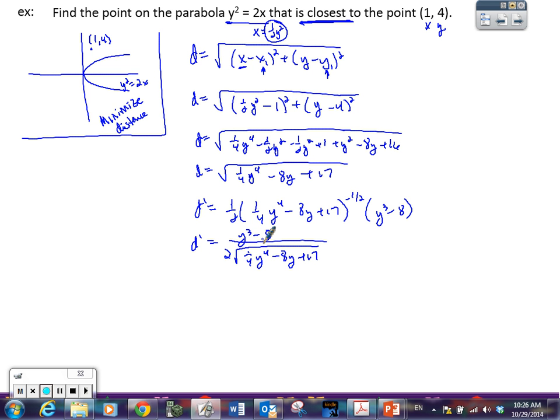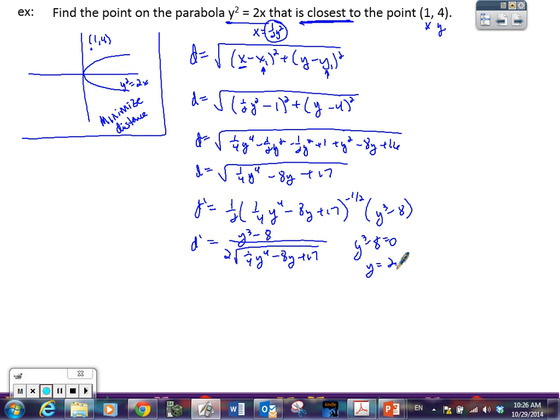We could factor it, but for this reality we're working on trying to find a max or min, that piece isn't going to be as important. So in this particular case, we can just set it equal to 0 and solve. If we set the numerator equal to 0, we're going to get that y is 2.